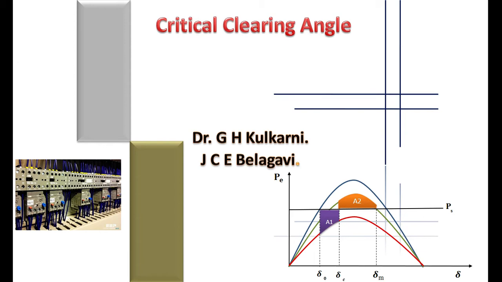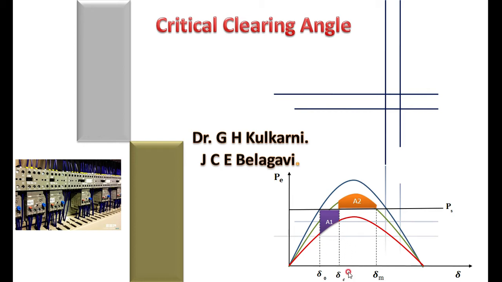If there is a delay in clearing the fault, delta C is increasing. Likewise, the area A1 also increases. But the equal area criterion requires that A2 also has to be increased. However, A2 is decreasing, therefore the system is losing its synchronism.